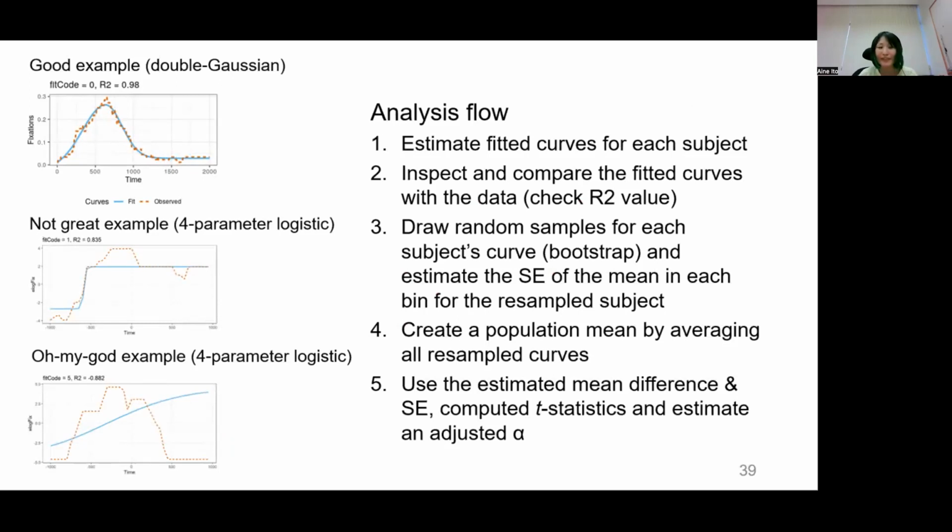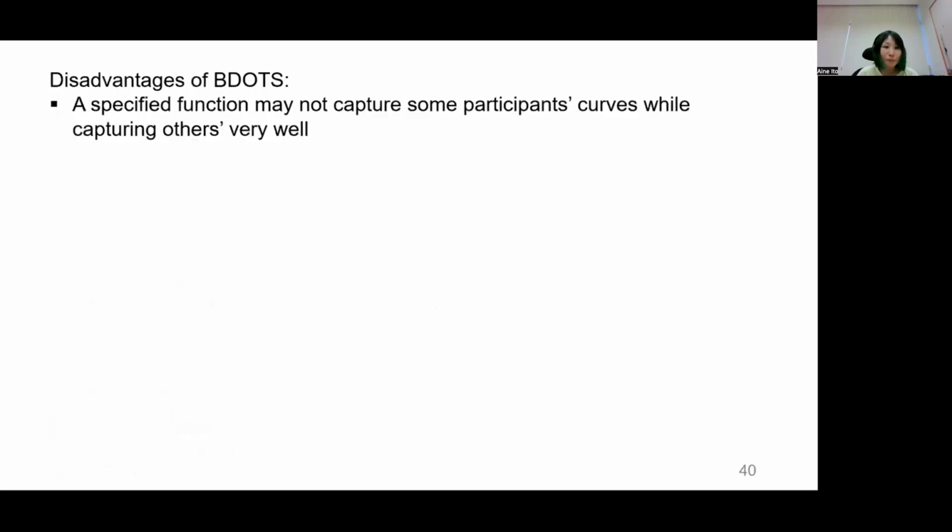That only increases, but the observed data actually increases and decreases. So in this case, it may make sense to use a double Gaussian fitting function instead. Sometimes that can happen, so you want to try refitting, perhaps using a different curve fitting function, if you think a different function might be a better fit for your data.